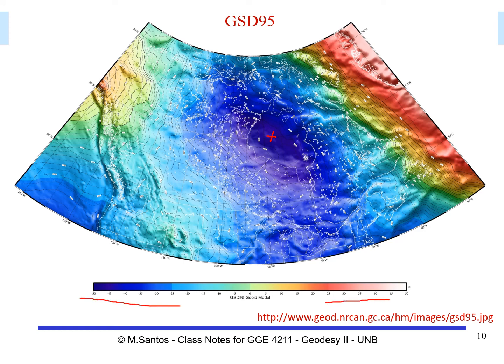These are positive values of geoidal height. We can see that in this portion of the country, we have predominantly negative geoidal heights, and then we have a growing value. They grow from the minimum to the maximum as we move to the periphery.